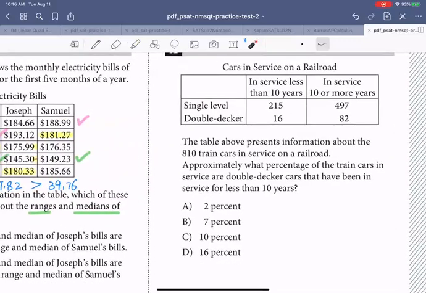Now let's look at this question. People have presented information about manufacturing cars. What percentage of tech part?